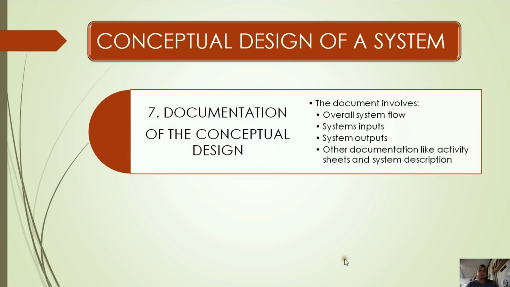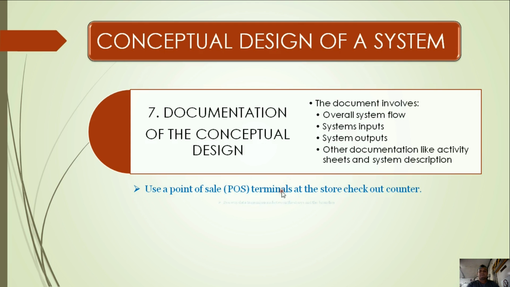Next is to document the whole conceptual design. This document involves the overall system flow, system inputs, system outputs, and other documentation like activity sheets and system description. From the example again, it is recommended to use point of sale terminals at the store checkout counter, so all the ins and outs of the items can be noted.